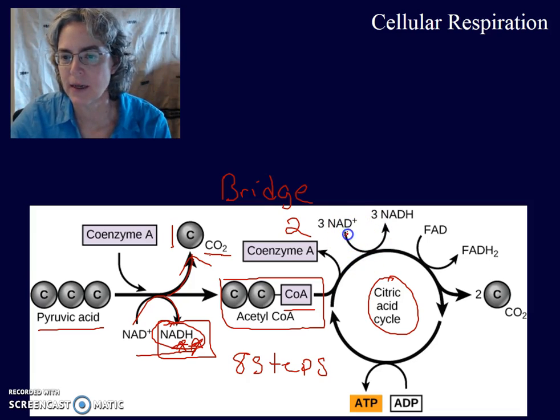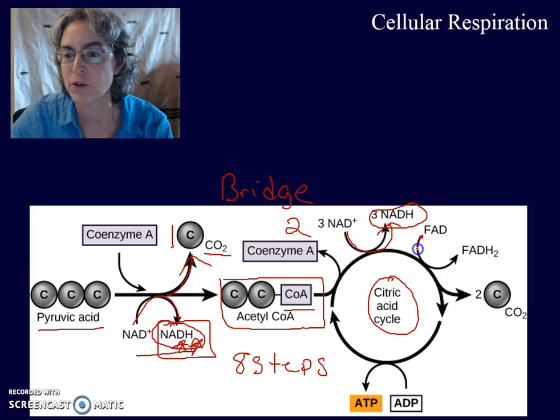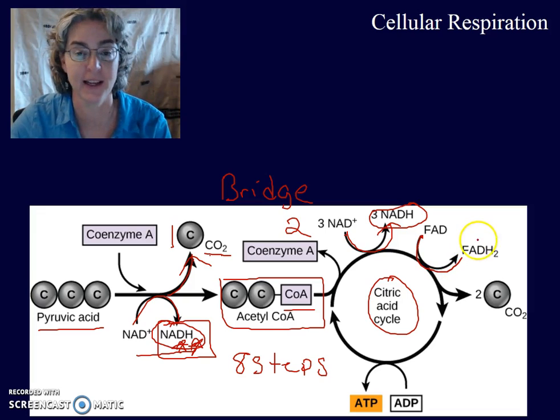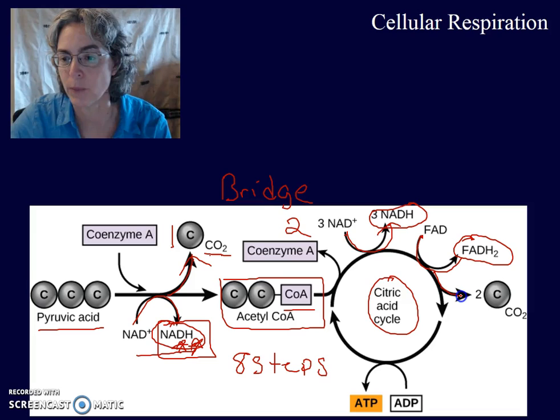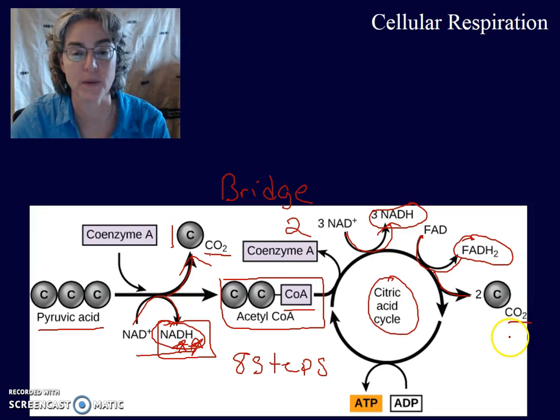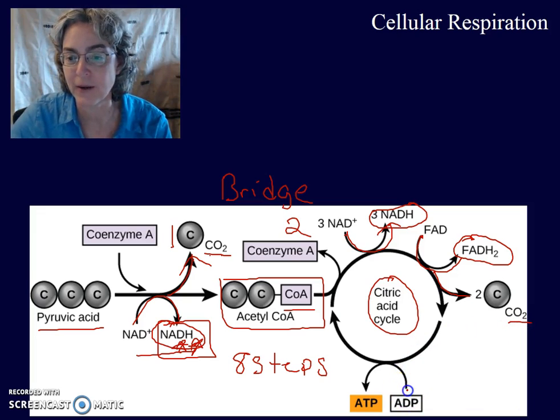And in the process, we get, here are high energy electron carriers again. And this is the one we're familiar with. We know this character right here. This is also a friend of NADH. You can think of it like that. FADH2 is a friend of NADH. So also another high energy electron carrier. And in the process, 2 molecules of carbon dioxide are formed. And finally, yay, we get a little bit of ATP.